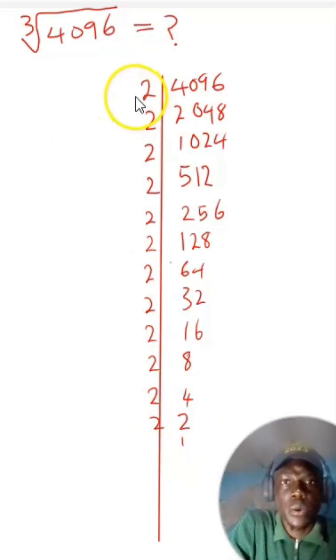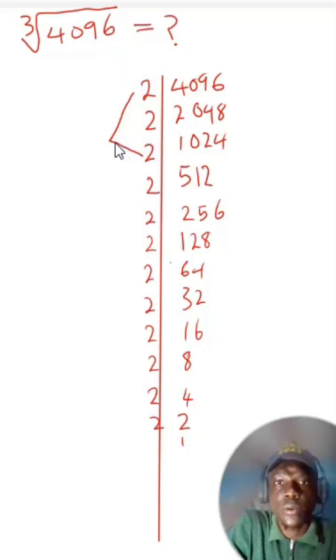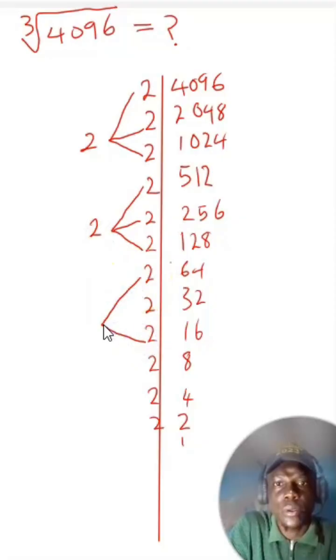So here it is. We'll be grouping them. If it is the square root, we just group them into 2s. But since it's cube root, we'll be grouping them in 3s. This is it. You bring out 2. You group them in 3s. Bring out 2. Group them again, bring out 2.